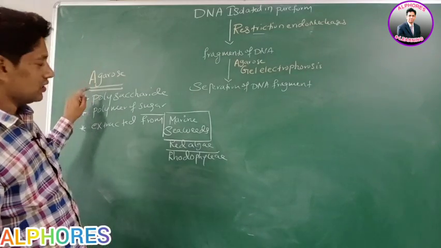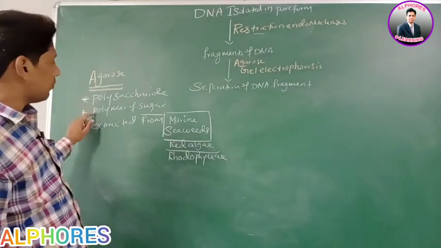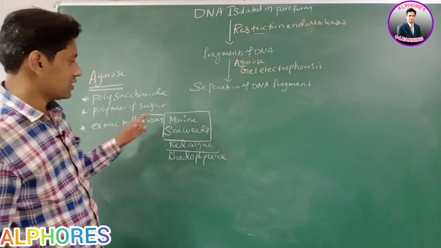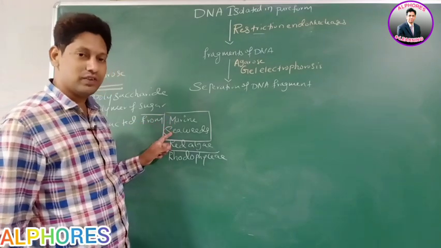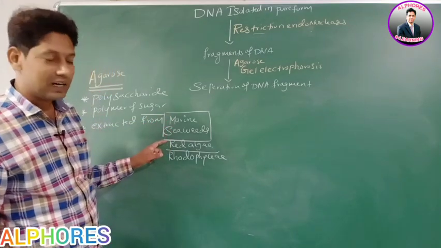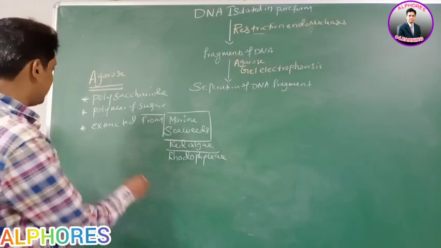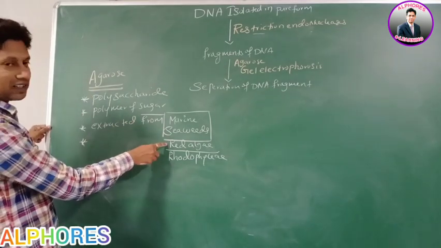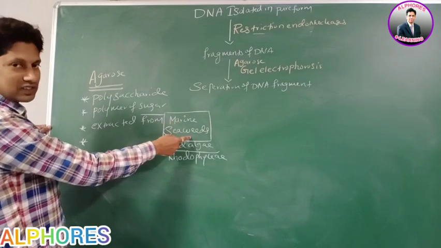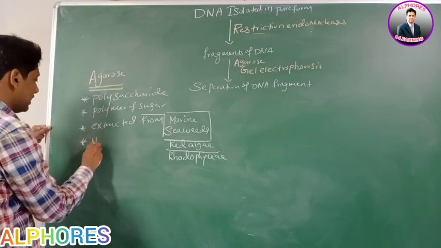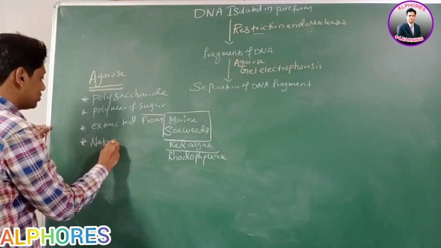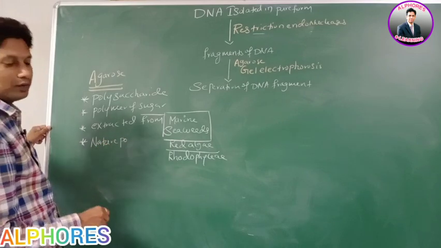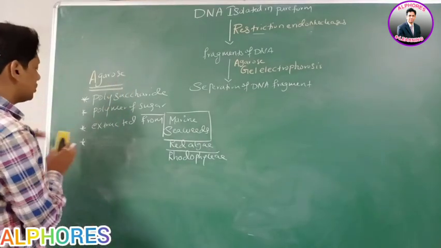Therefore, agarose is a polysaccharide, a polymer of sugars extracted from marine seaweeds. Which seaweed? Red algae, which comes under class Rhodophyceae. Is it okay? As agarose is extracted from marine seaweeds, it is a natural polymer.